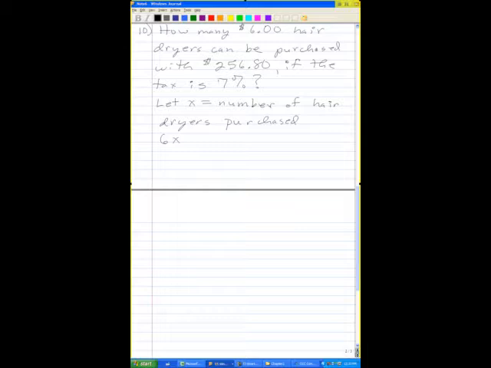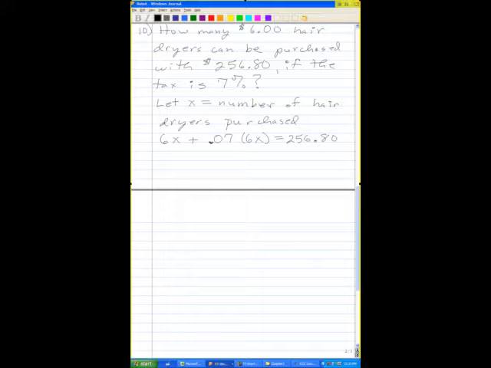But in addition to that, I have to pay taxes of 7%, 0.07, on the cost of the hair dryers. And the cost of hair dryers was 6X. And that should be purchased for a total of $256.80.